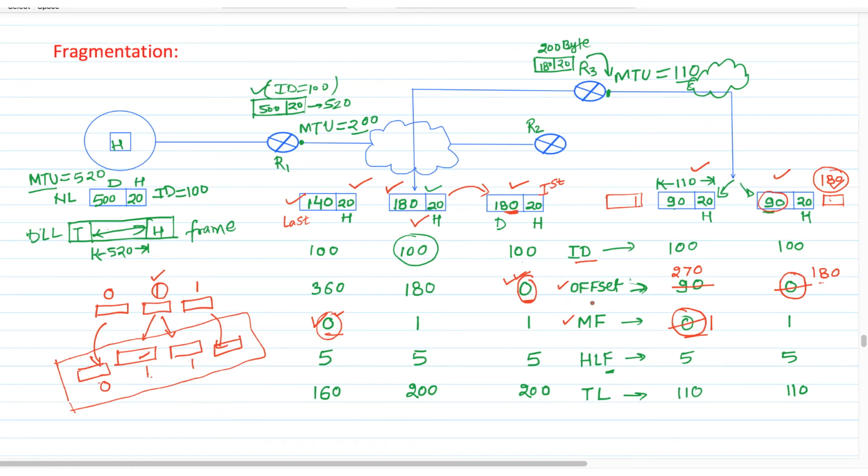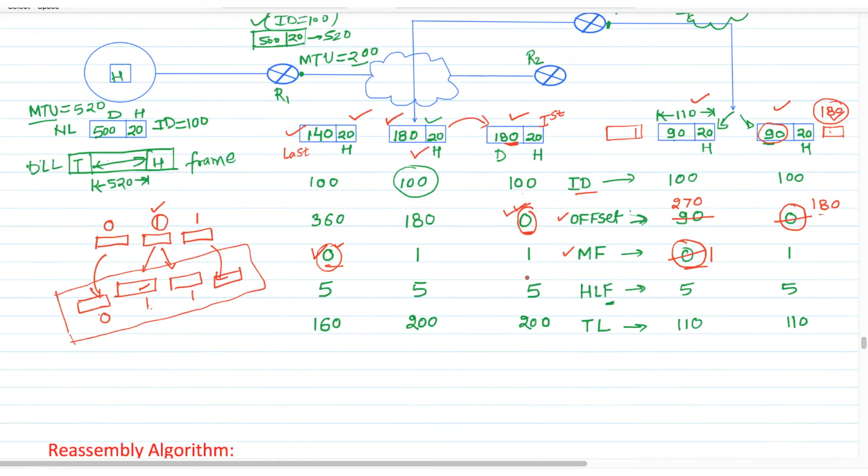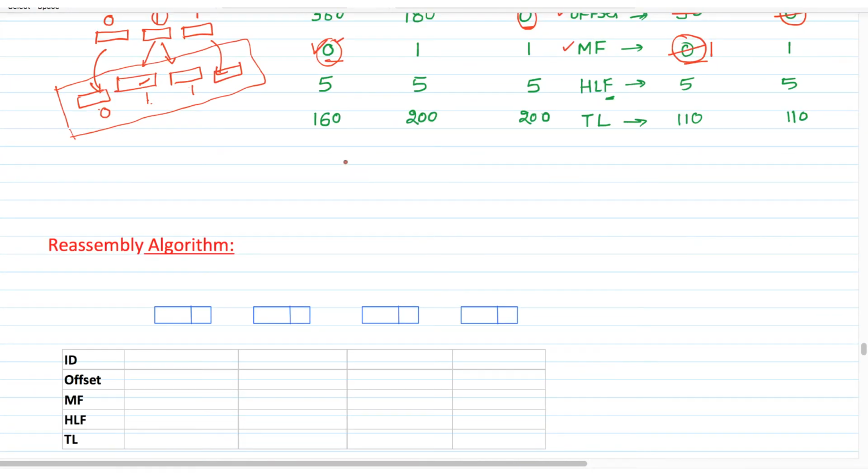Now if we talk about the fragmentation offset field, it has 13 bits. Means in fragmentation offset, the maximum number that we can store is 2 to the power 13 minus 1, which is equal to 8191. Means 0 to 8191, and like this we have a total of 2 to the power 13 numbers.